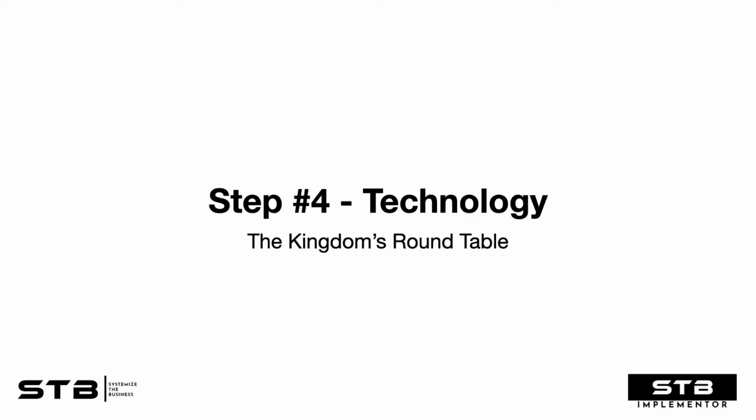So step 4 is technology, the kingdom's round table. It's really, in a sense, setting up your war room and how you're going to strategically execute everything that you need.